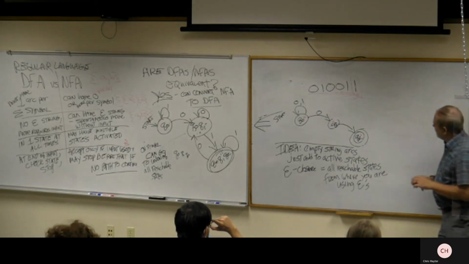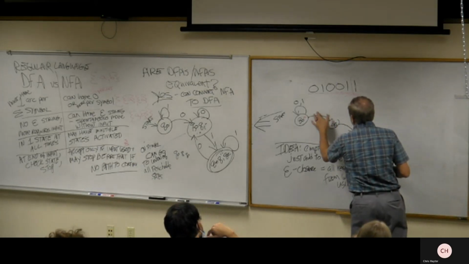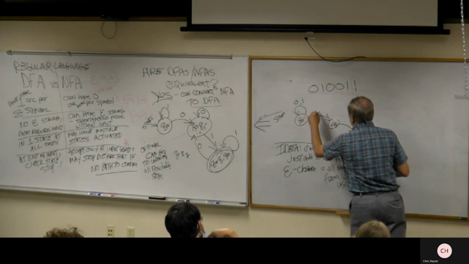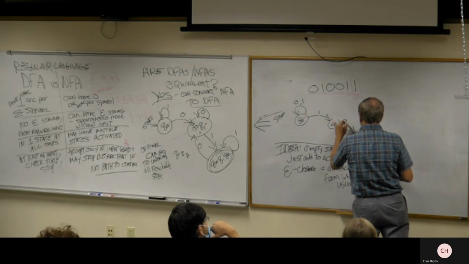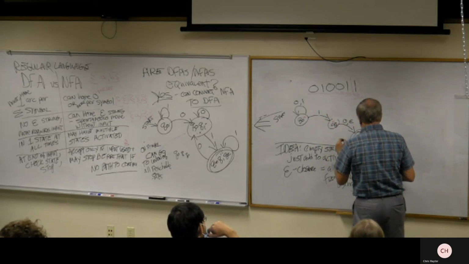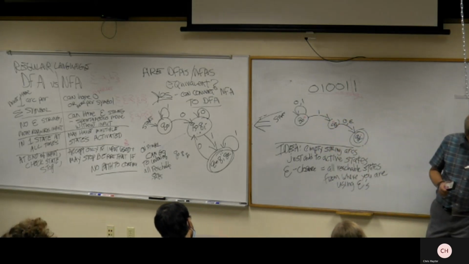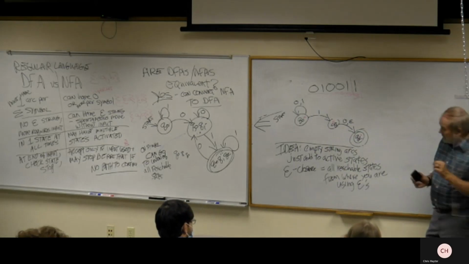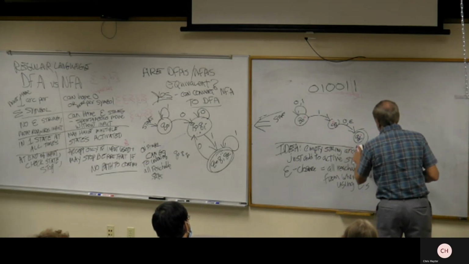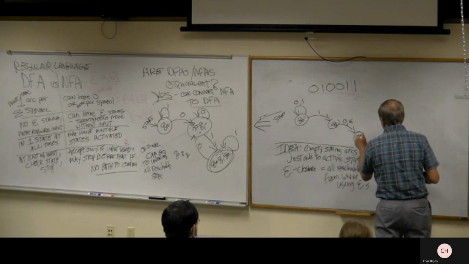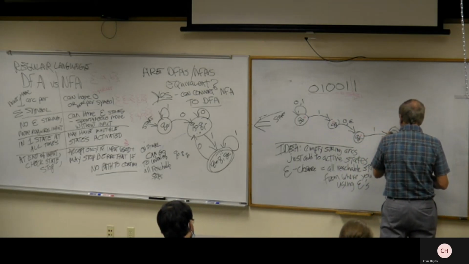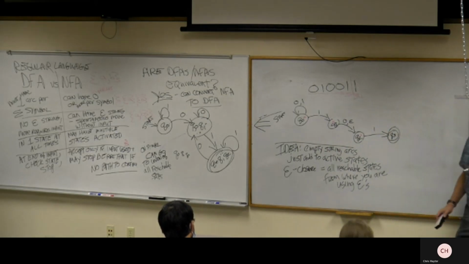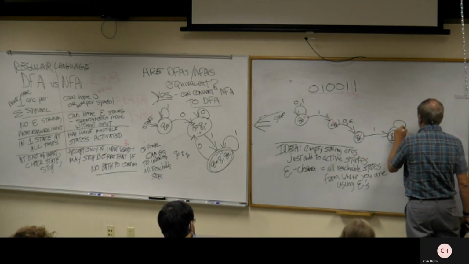And a 1 takes you to the accept state. Oh, and then it loops on a 0, 1. Okay, so 4 states. Like I said, this is off page 54. Now, there's not an example of him, I don't think. See, does he convert that one? I don't think he converts this one.